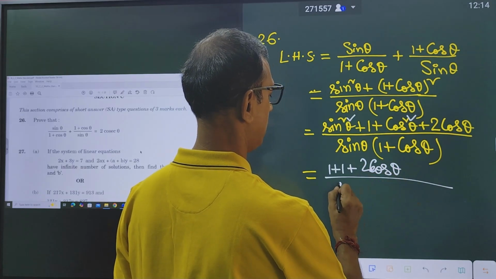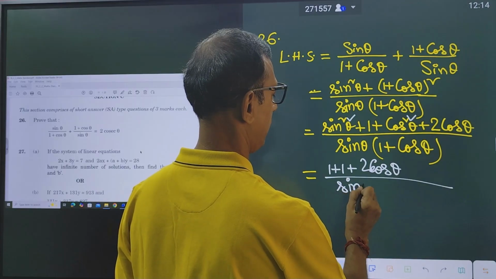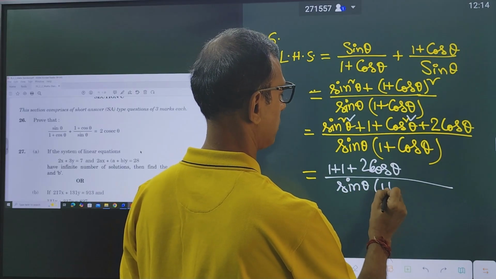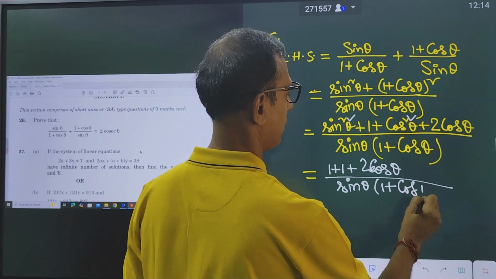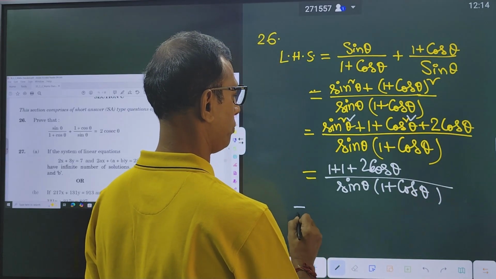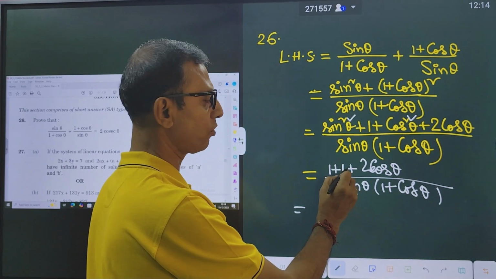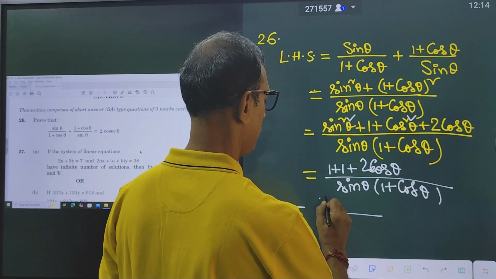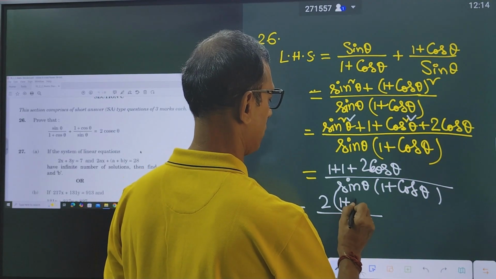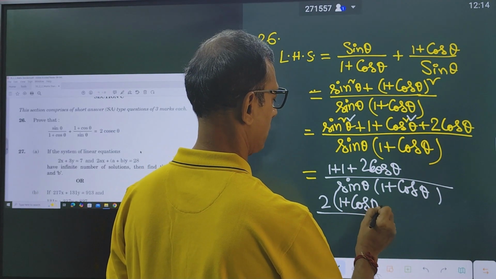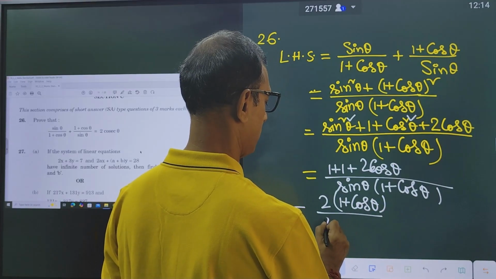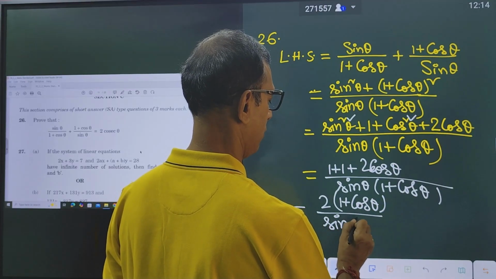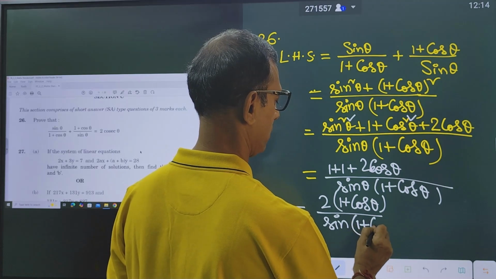So what will come? 1 plus 1 plus 2 cos theta by sin theta into 1 plus cos theta, that is equals to 2 plus 2 cos theta. In the numerator 2 plus 2 cos theta, that means 2 into 1 plus cos theta by sin theta into 1 plus cos theta.